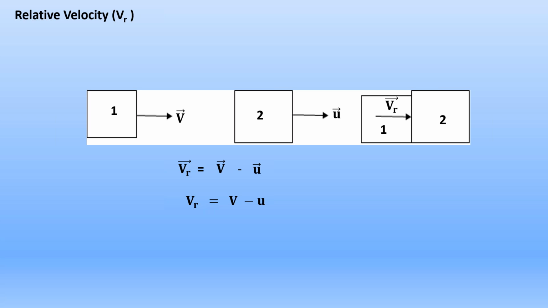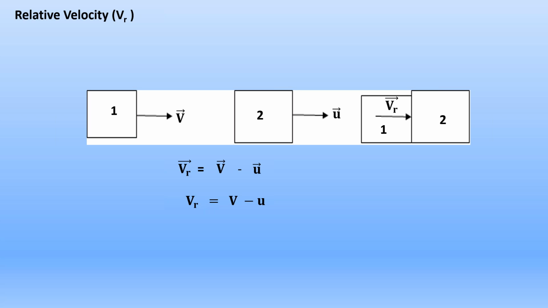Dear students, if the body is in moving condition, the body has displacement, velocity and acceleration. If the moving body velocity is measured with respect to earth surface, we consider the earth surface as a rest condition. By using the earth surface as a reference, if we measure the velocity of a moving body, that velocity is called absolute velocity of the moving body. So please everyone follow this carefully.